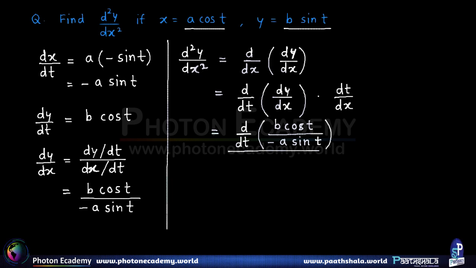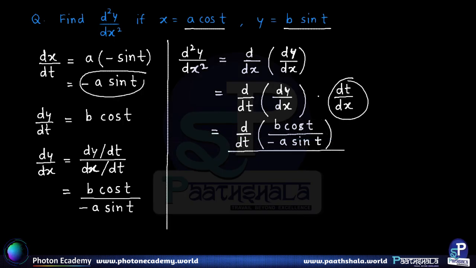Whole divided by this dt by dx we take to the denominator, which becomes dx by dt, and dx by dt we have already found out, that is equal to minus a sin t. So that turns out to be minus a sin t in the denominator.